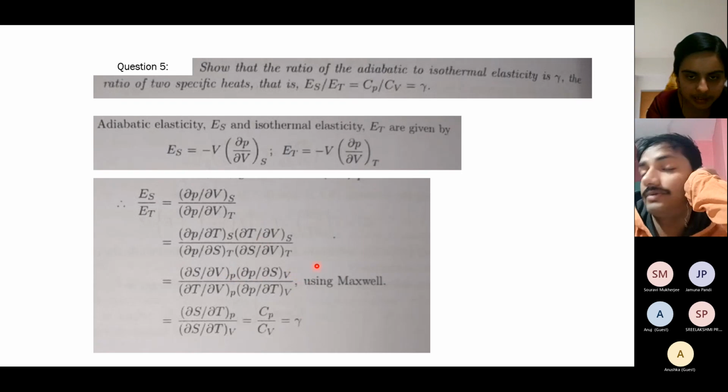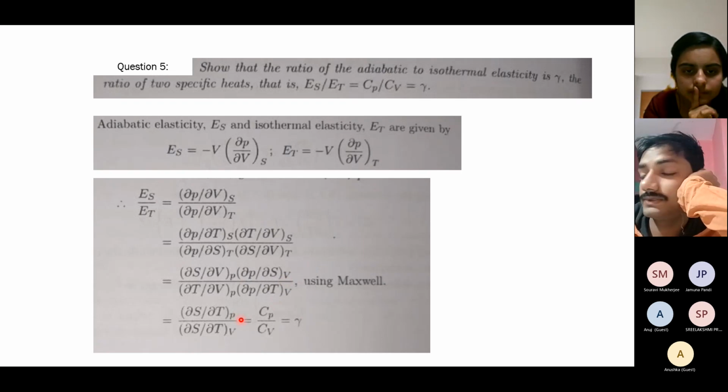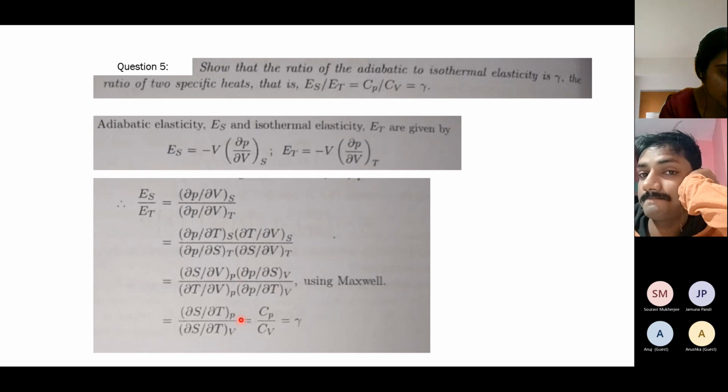So if we do a cyclic differential, that should come out to be at constant entropy. But we don't have that expression here. Others can also try. Does anyone have any idea how we go from this step to this step?